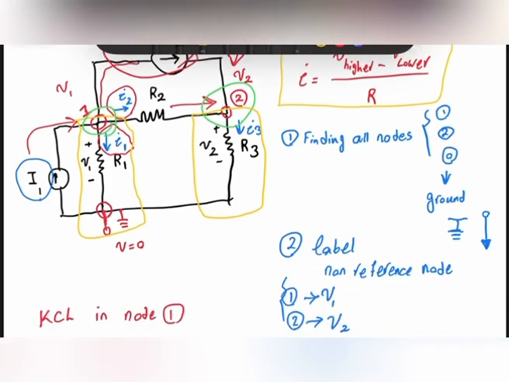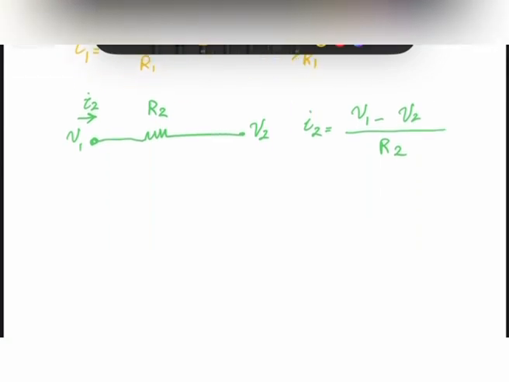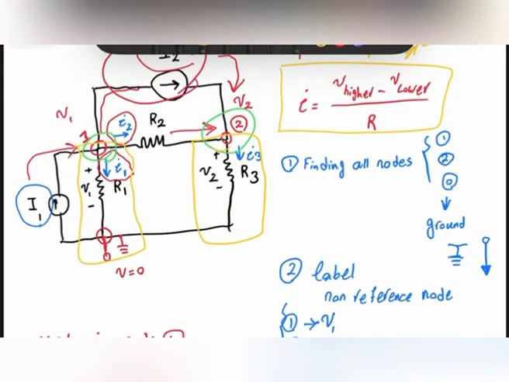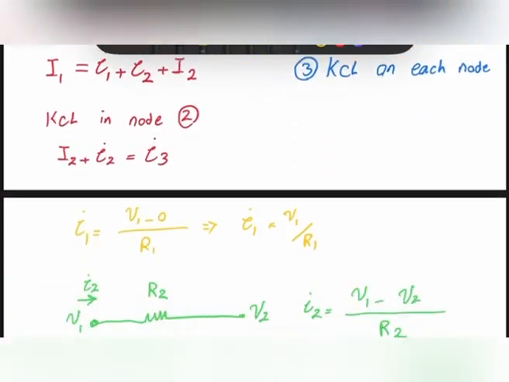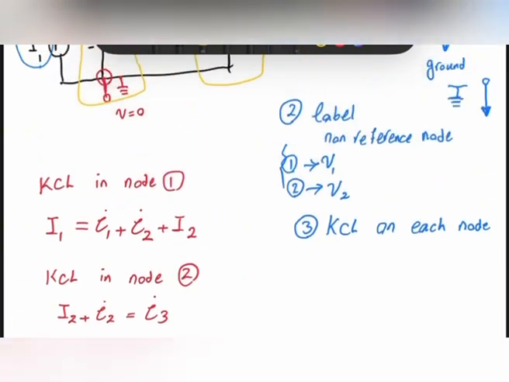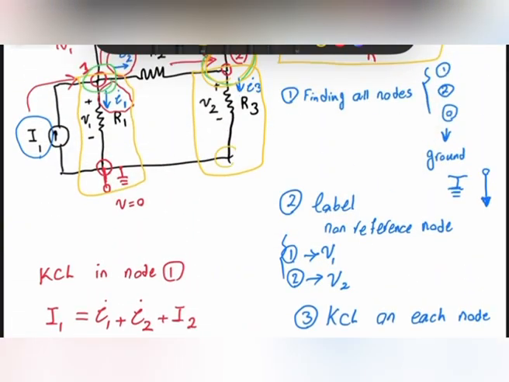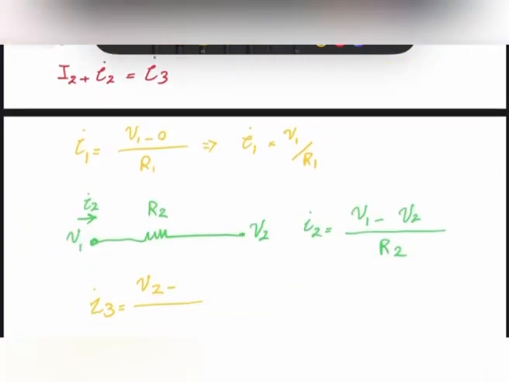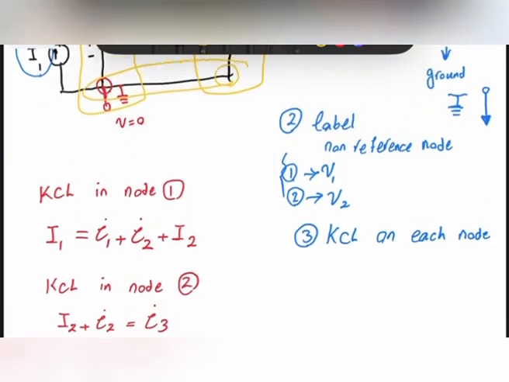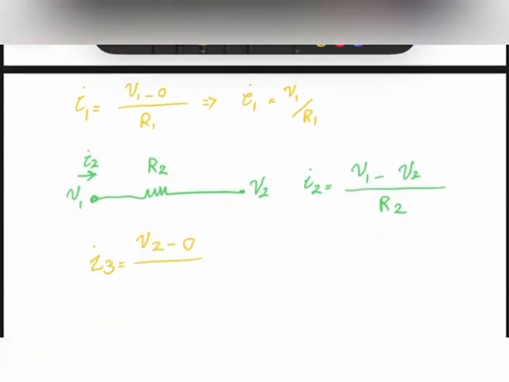I3 is going to be equal to the voltage at the higher one, which we call V2, minus the voltage at the lower one, which is using the same node, which is 0, minus 0, over R3.